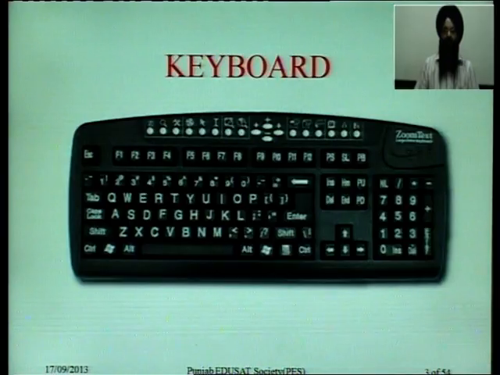Here is a picture of a modified keyboard which is nowadays used with modern computers, latest computers.